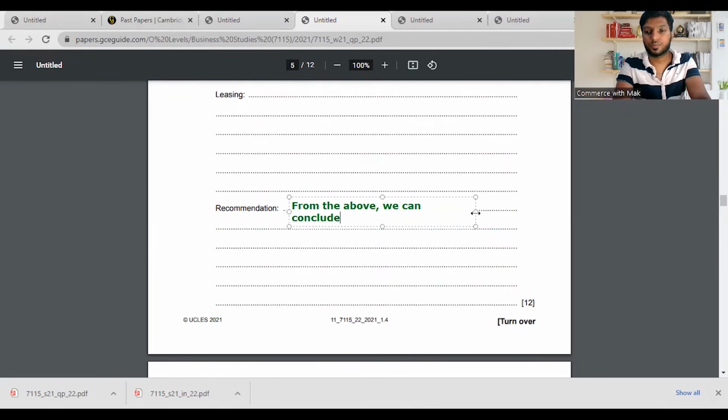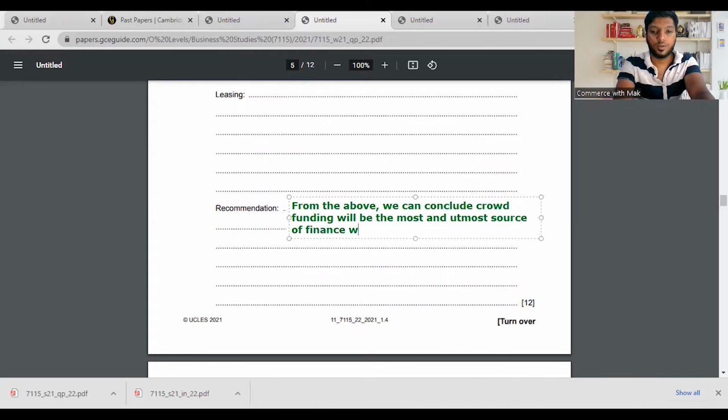So right here, crowdfunding will be the most and utmost source of finance when raising money with less risk.